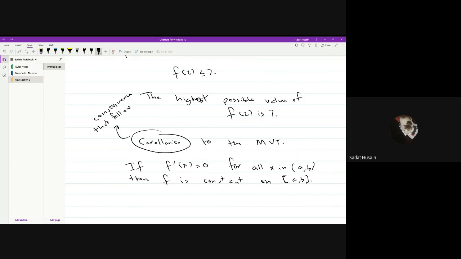Isn't this intuitively obvious? If f prime of x equals 0, what does that mean? It means that the graph does not change at all. It's a horizontal line. So shouldn't it be constant if f prime of x is 0? Right?